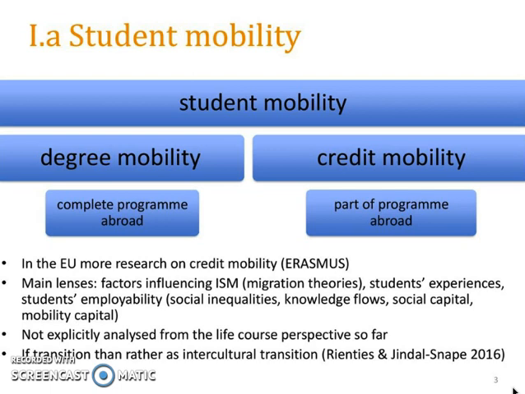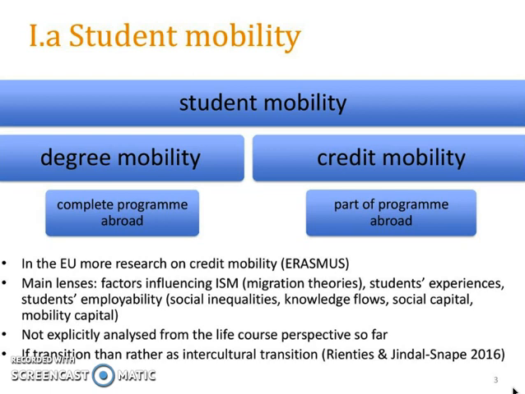In the EU, there is more research on credit mobility, like Erasmus. The main lenses can be factors influencing immigration, theories, students' experience, and students' employability, and of course it includes social inequalities, knowledge flows, social capital, and mobility capital.